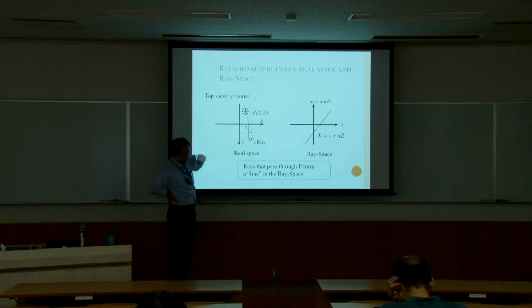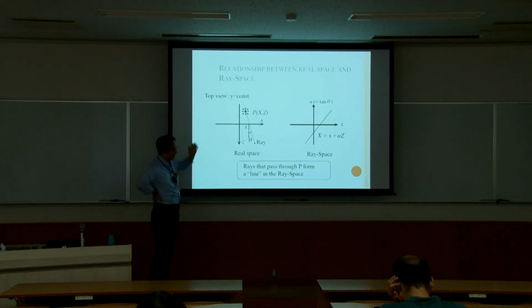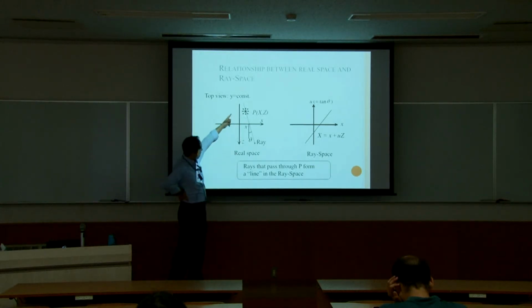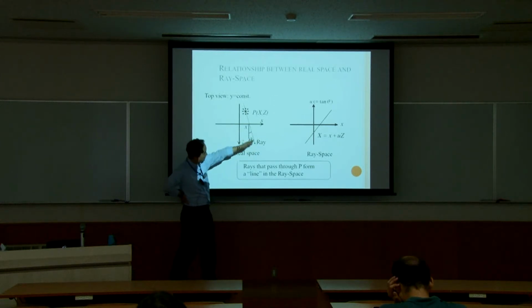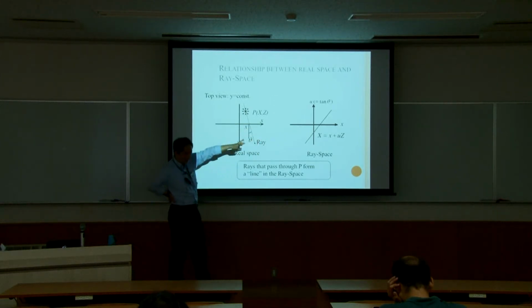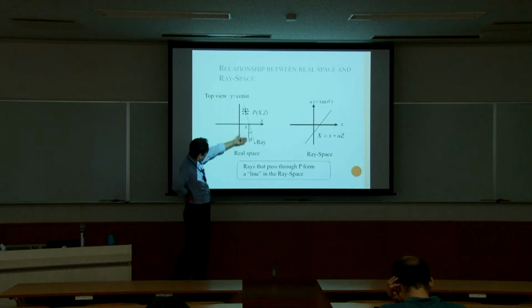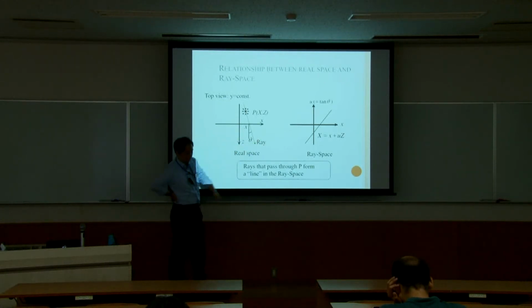So u equal to tangent theta is used in the vertical axis. The x and u. Okay. So one light ray, in this case x and theta, is mapped to one point in the x-theta plane. So one light ray can be mapped to one point in ray space.